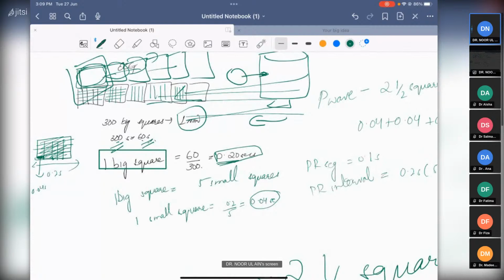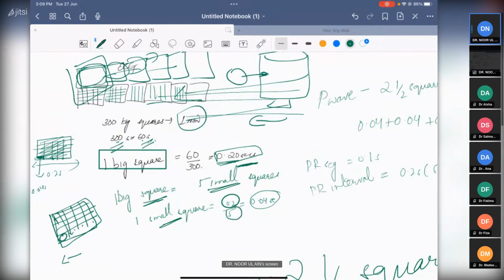So remember also, this is your big square. Every big square has 5 small squares. So 1, 2, 3, 4, 5, right? One big square we are saying is moving in 0.2 seconds. I want to know how long one small square takes to move. So one big square has 5 small squares, and this is the time for one big square to move.